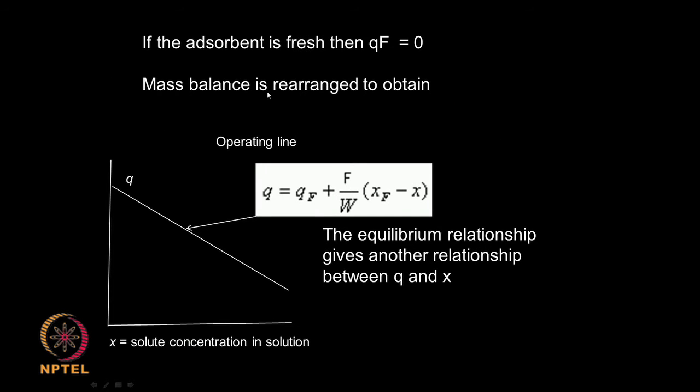So, if you plot that equation, that is called the operating line. On the y axis, as I said, will be q, and on the x axis you will have x, and q is equal to qf plus F by W into (xf minus x). That is the previous equation which I have shown here.